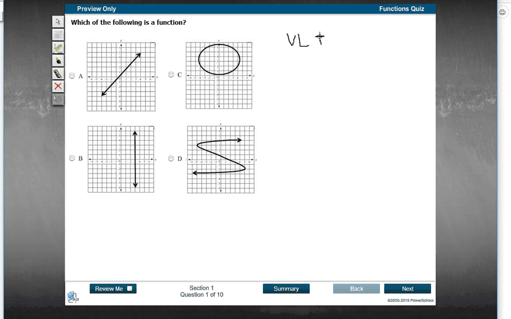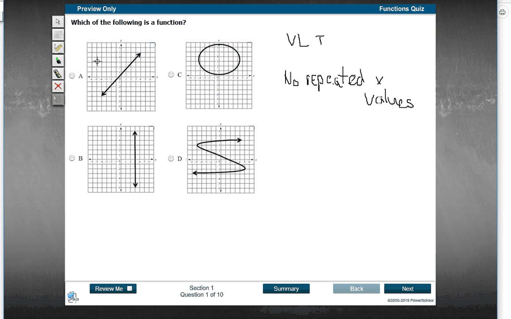Or if you have a set of points, we could say there are no repeated x values. That way we know for sure that it would be a function.